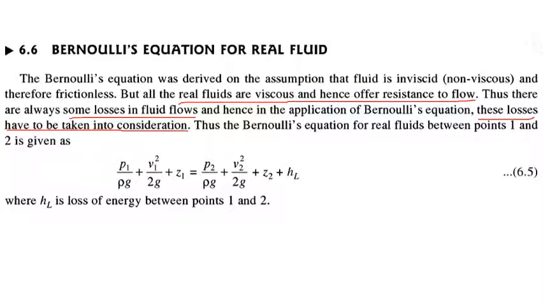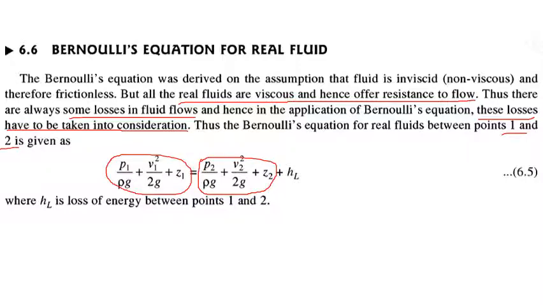So if we consider a fluid flowing for a distance, from point 1 to point 2, at point 1 the state of the fluid is such that P1 by rho g plus V1 square by 2g plus Z1 is the pressure head, kinetic head and potential head at section 1. And this is the Bernoulli's equation for the real fluid at section 2, that is pressure head plus kinetic head plus potential head.